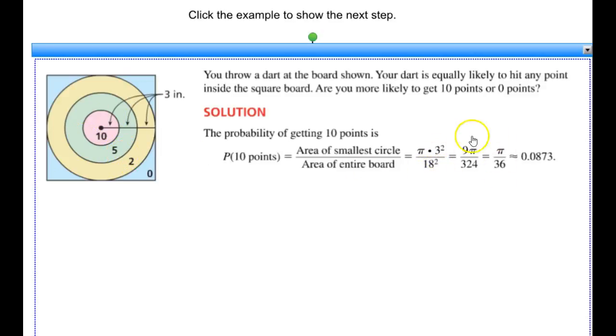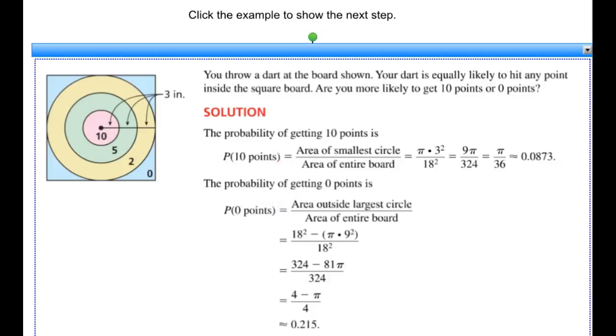The side is 3, 6, 9, 18, so it's going to be 18 squared. So I have 9 pi divided by 324 equals pi divided by 36, or approximately 0.0873. So that's the probability of landing inside the 10 area, the little circle. So now let's figure out the probability of getting a 0, which is landing out here on the edges.